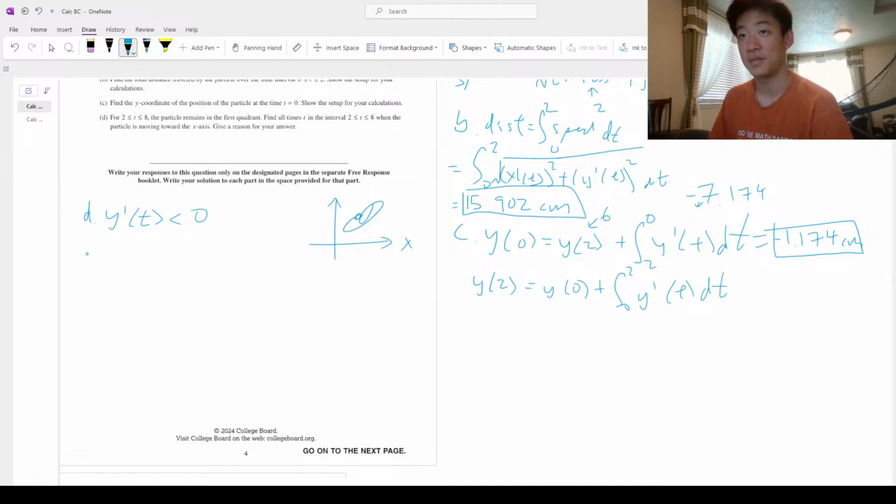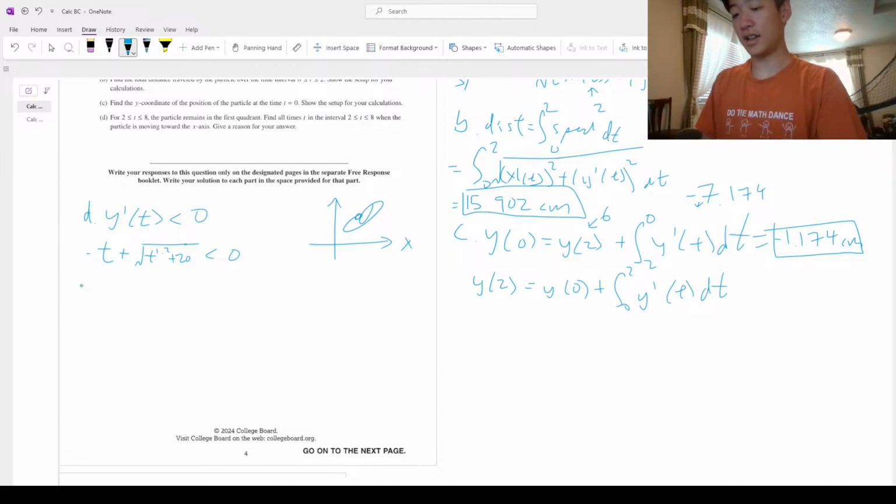So this means that negative t plus the square root of t to the 1.2 plus 20 is less than 0. So how you can solve this is you basically say that you can set it equal to 0 in your calculator, and then find t using the intersect. It's like an intersect mode. So what you do is you put negative t plus the square root of x to the 1.2 plus 20, and then you can just put y2 as 0 and then go to your window.